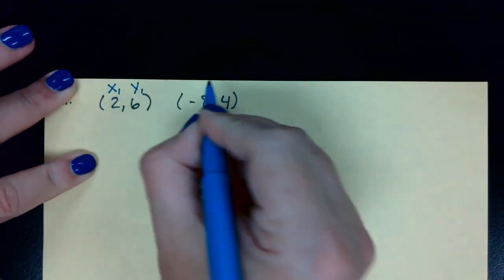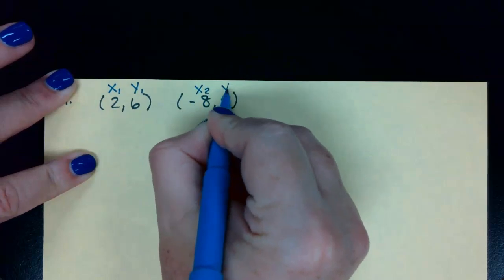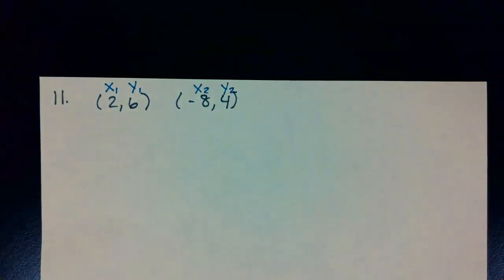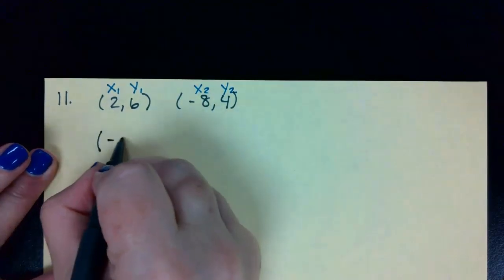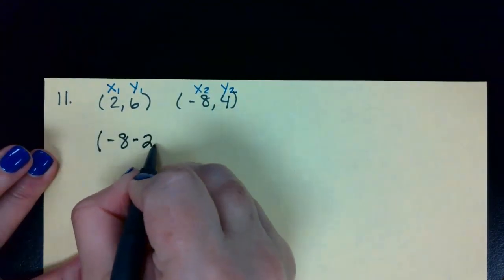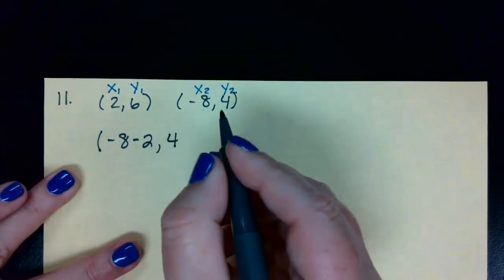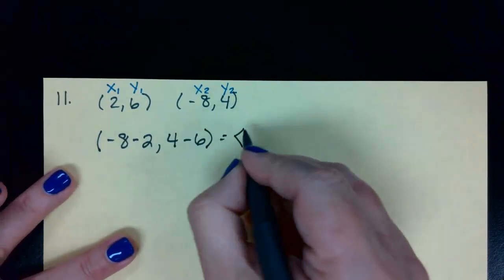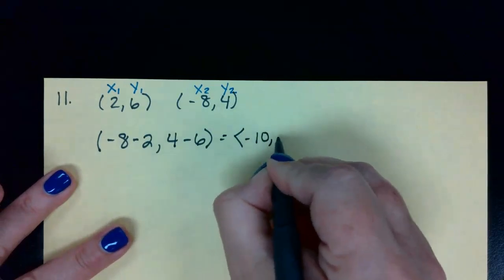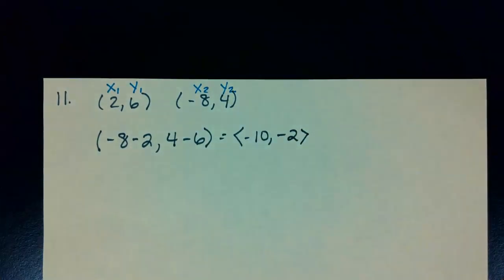X1, Y1. X2, Y2. Okay, and this is where we do X2 minus X1, Y2 minus Y1. So negative 10 and negative 2. And that's it. That is your component form for there.